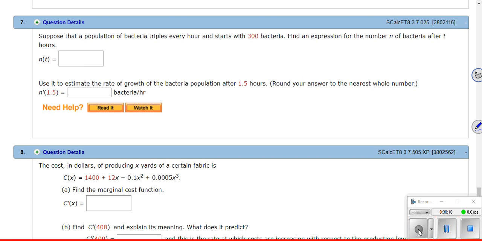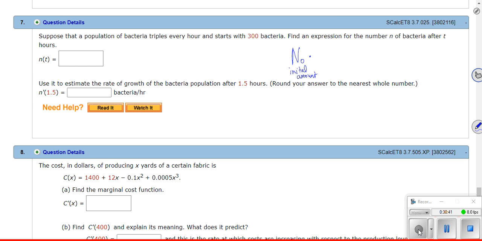Population of bacteria triples. Anytime they say that a population doubles or triples or quadruples, that is giving you the base number. So anytime you're coming up with a formula and you need an exponential function, it starts with the initial amount, times some base.